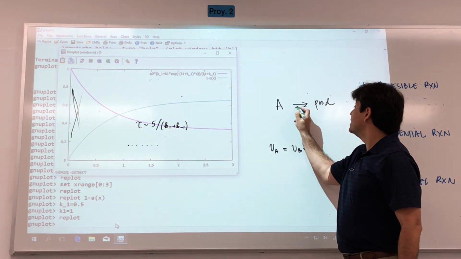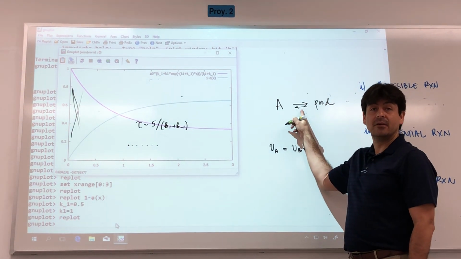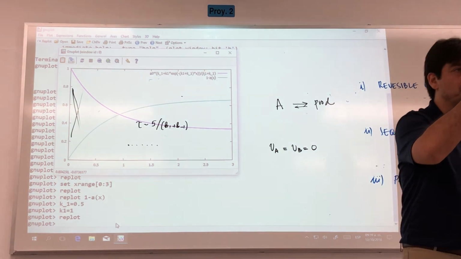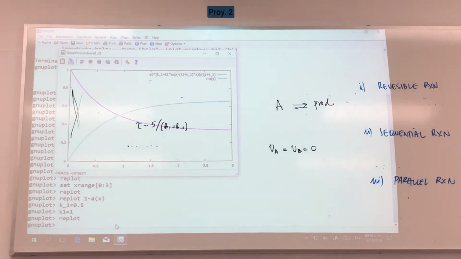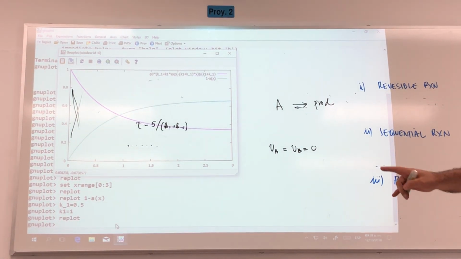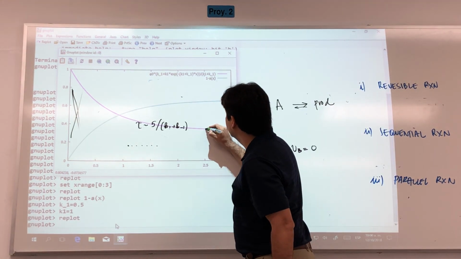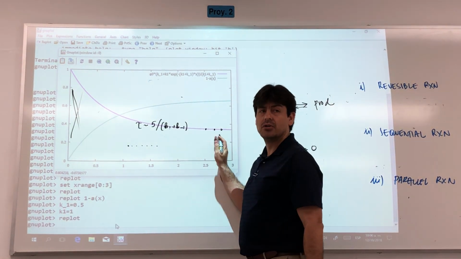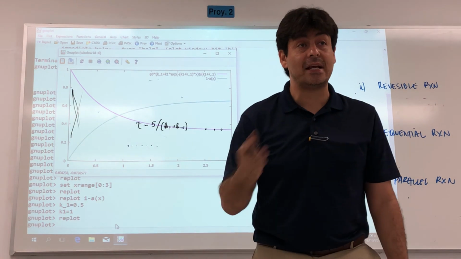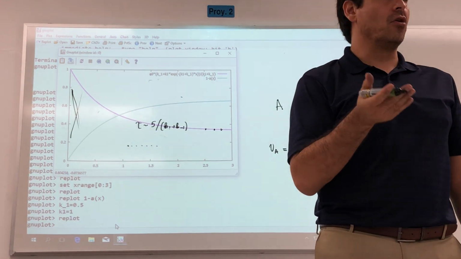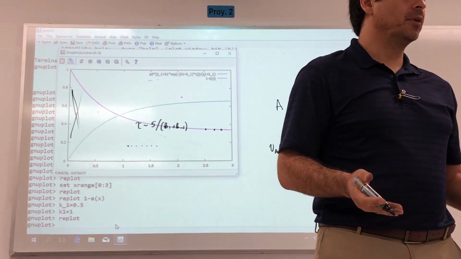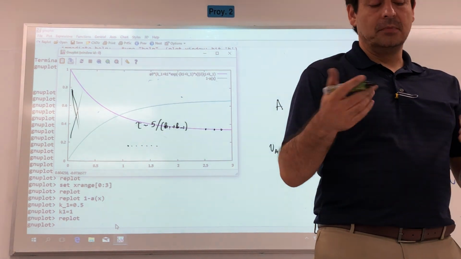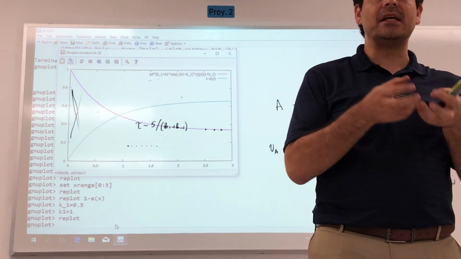It might be the case that you have a reversible path. So that's why you have to have enough time to plot your data and make sure that your data is telling you that this is not changing anymore. So you do not confuse that with a second order, for example, or a third order. It's just reversible. So this is something that you have to investigate on your reaction.